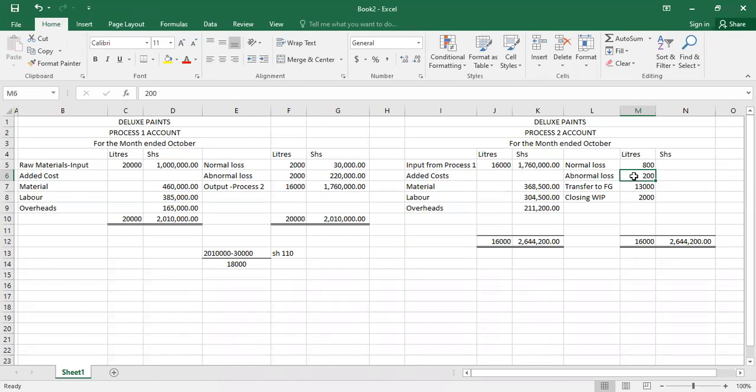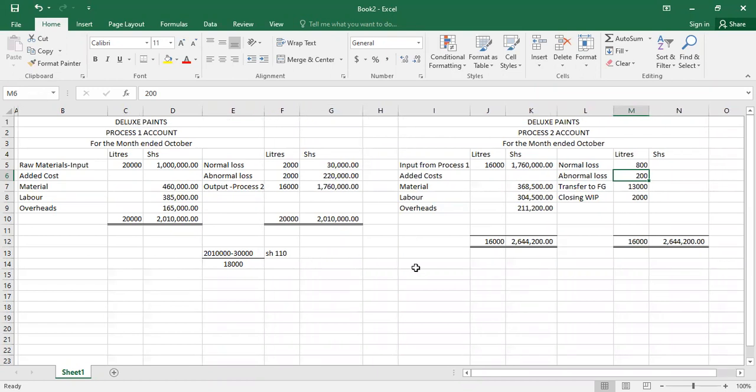We need to get the equivalent units. Just like the way we did in the first case, we were able to get the cost per unit, right? So we also need to get the cost per unit, or what we call the statement of equivalent unit. We need to equate all the units to complete units for purposes of getting the cost. That's why I said process accounting is the basis of standard costing or budgeting.